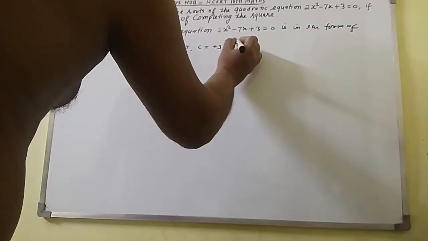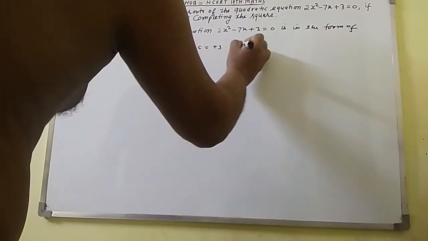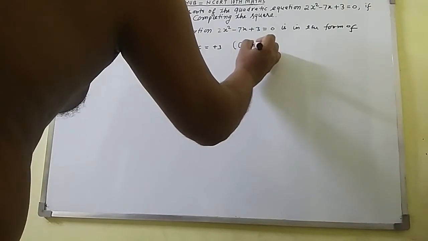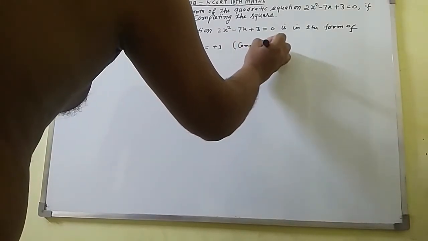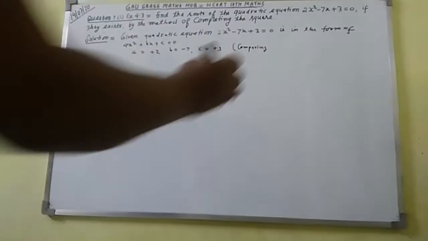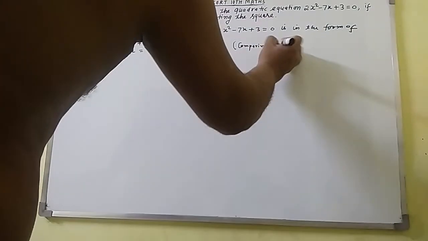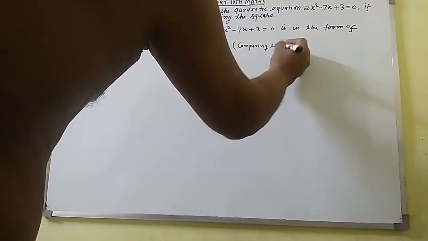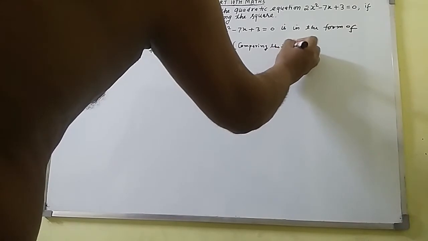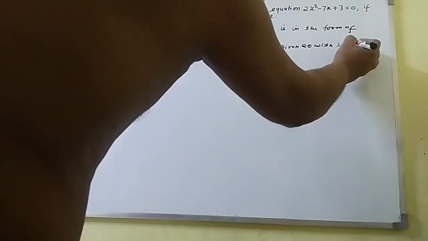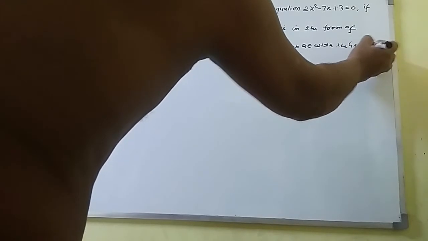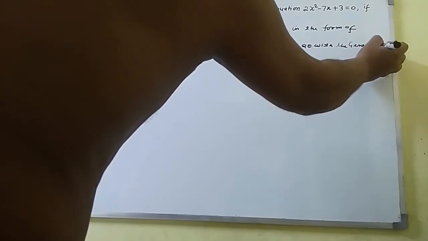Here you can write in bracket, comparing the given QE with the general form.